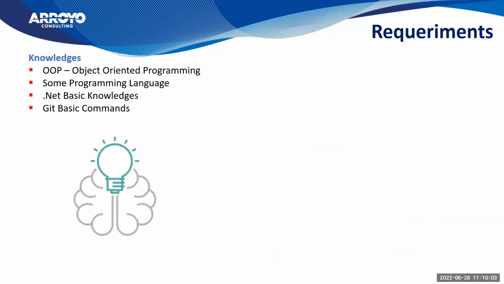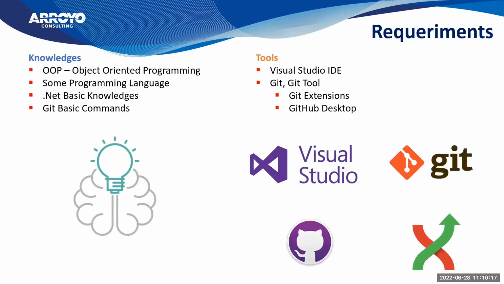What are the requirements for this? Mainly object-oriented programming, some programming language, .NET basic knowledge, and Git basic commands. Which tools do you need? Visual Studio IDE, Git tool, mainly the Git extensions or GitHub Desktop.